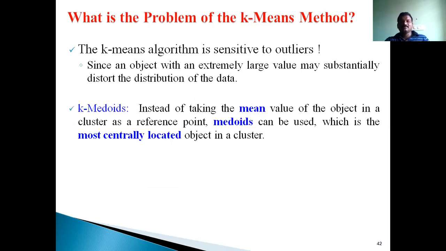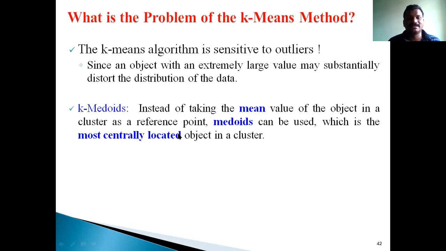The k-means algorithm is sensitive to outliers. It cannot handle outlier data, since an object with an extremely large value may substantially distort the distribution of the data. In k-medoids, instead of taking the mean value of the objects in a cluster as a reference point, you take an actual reference point, also called a medoid.